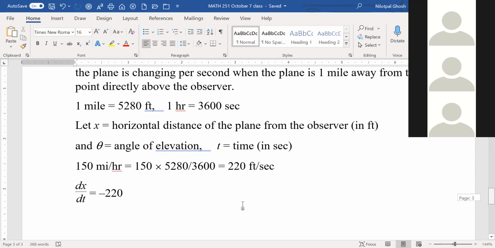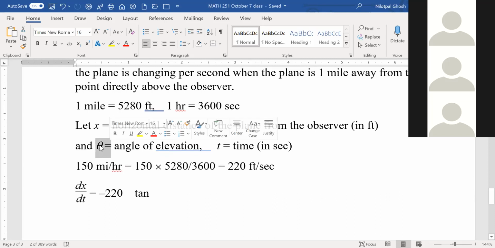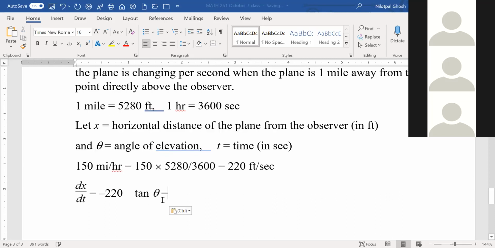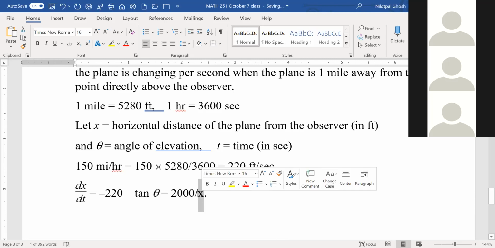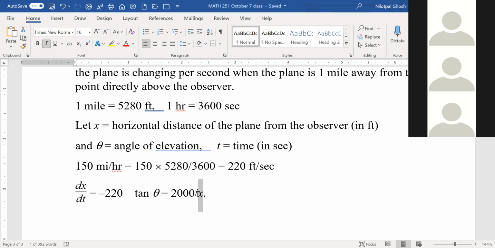So tan theta equals 2000 over x. Correct? 2000 was the vertical height and x was the horizontal distance, and tan is opposite over adjacent.